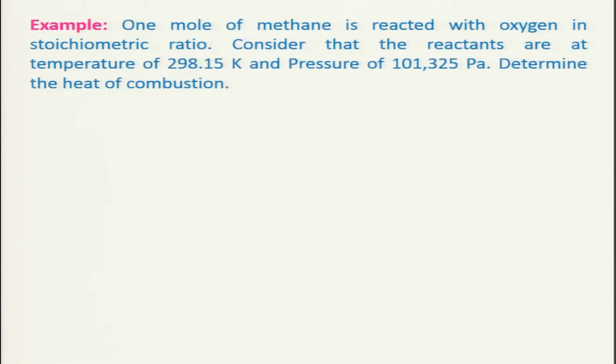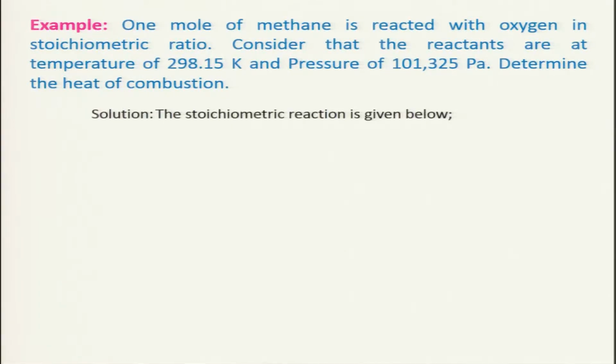So, let us look at 1 mole of methane reacting with oxygen in a stoichiometric ratio. Consider that the reactants are at a temperature of 298.15 Kelvin and a pressure of 101325 pascals, and we need to find out the heat of combustion.